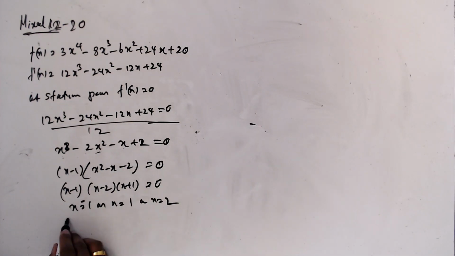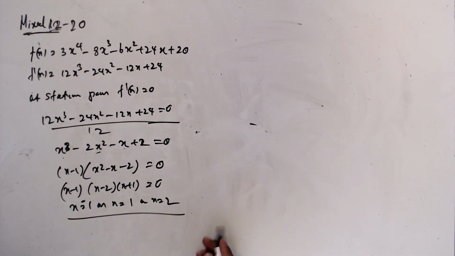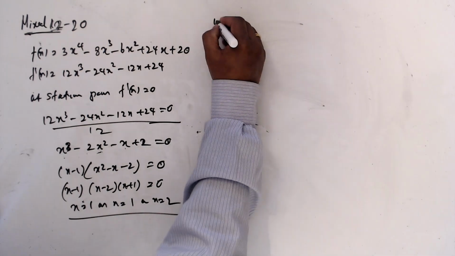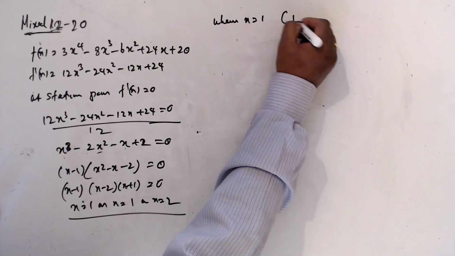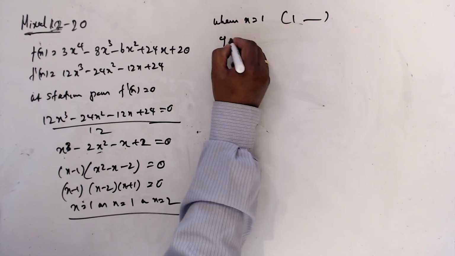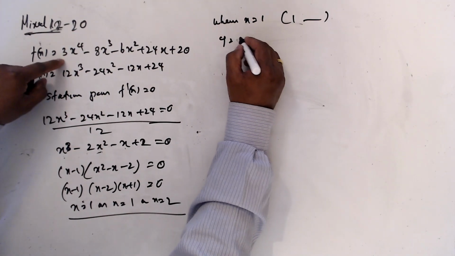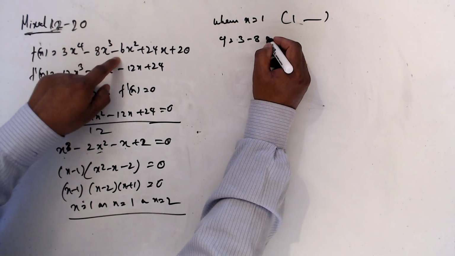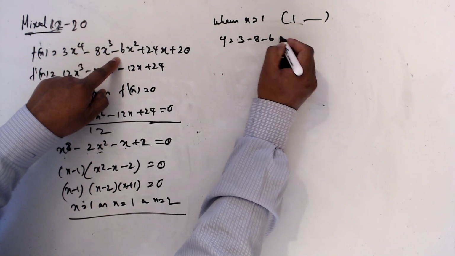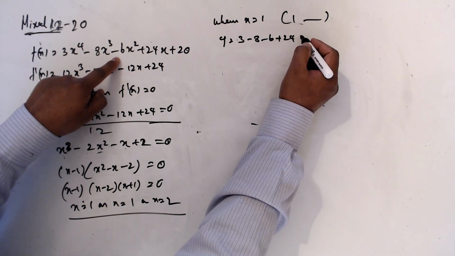We have 3 minimum, maximum, or point of inflection. So we'll find the coordinate when x equals 1, and what is y? Y equals 3 minus 8, 3 minus 8 minus 6 plus 24.